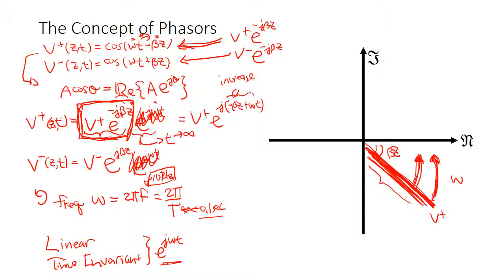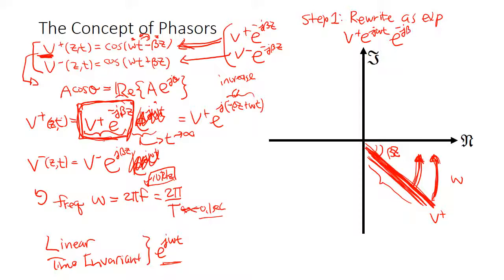So we can see that there's a two-step process to converting a time domain signal into a phasor. You can summarize it as: the first step is you rewrite it as an exponential. So in the case of this positive form, we rewrote it as V plus e to the j omega t e to the minus j beta z.